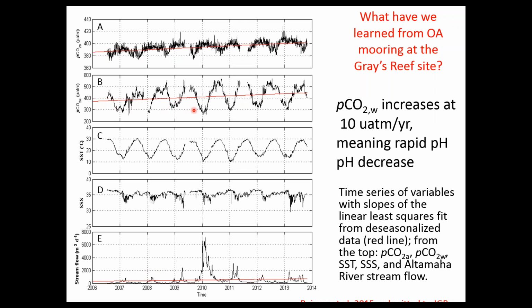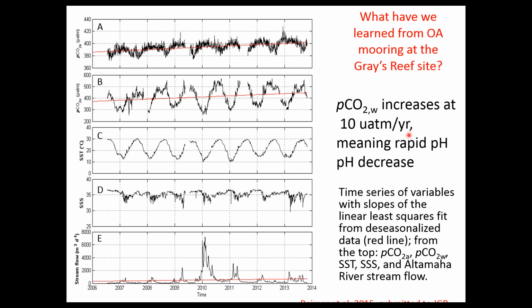Of course, you see this very strong seasonal control in the southeast following the SST, the temperature change. But interestingly, when we deseasonalize this data, there's a trend of rapid CO2 increase. This is very surprisingly high, about 10 microatmospheres per year.